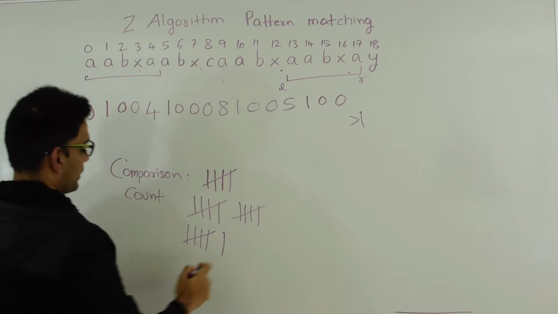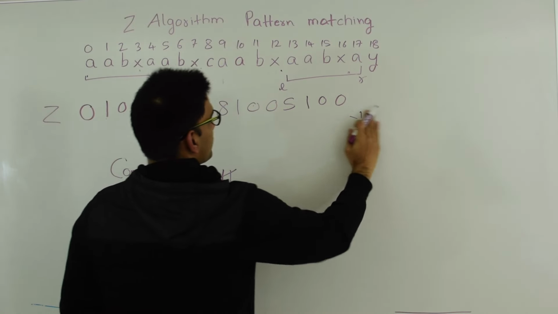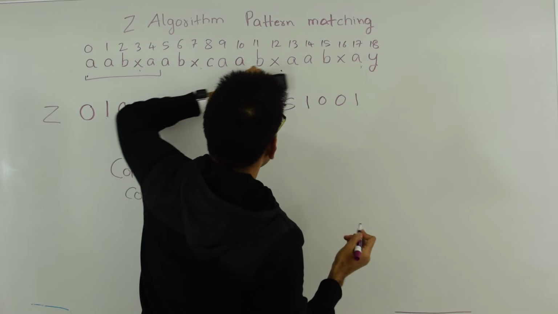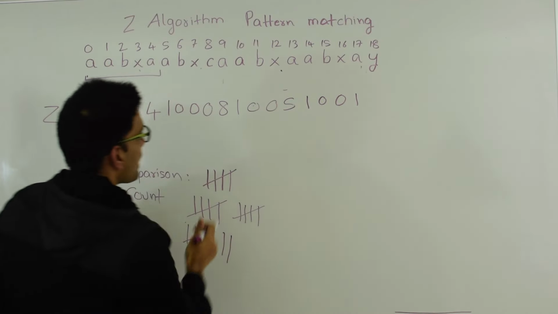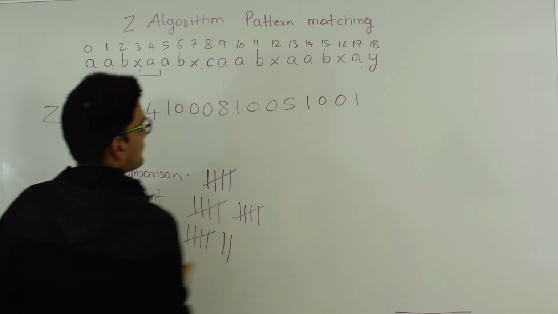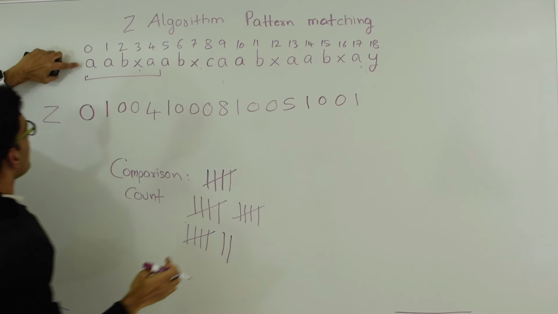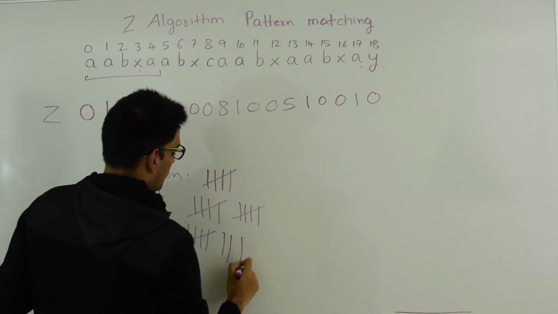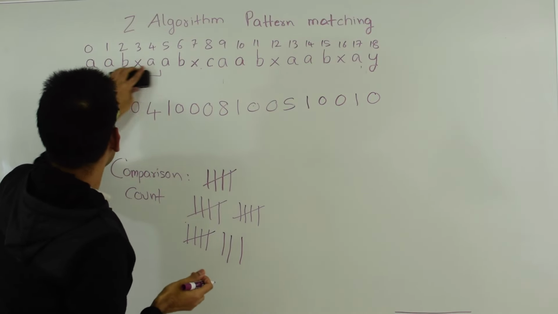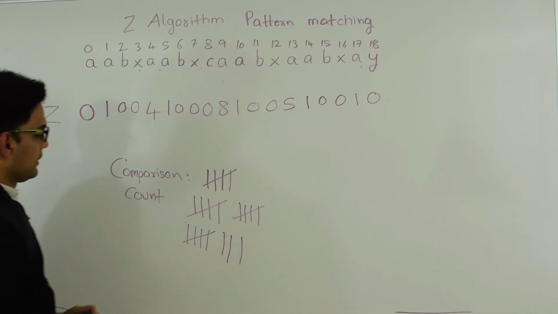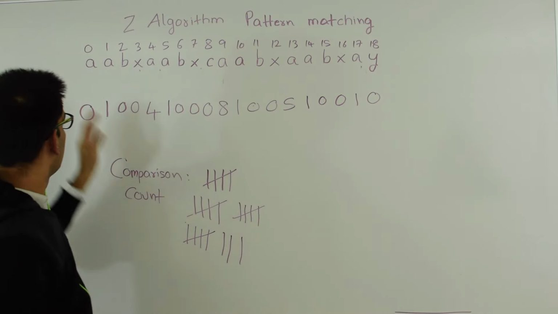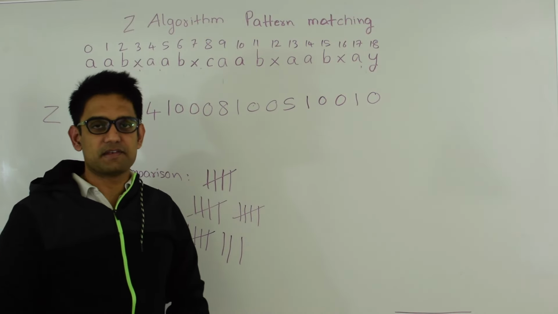So we did one more comparison, and this value finally stayed at 1. Now we move on to the last character. This Y is not same as this A, so we put a value 0, and we did one more comparison. So here, in total, I did 5, 10, 15, 20, 23 comparisons in a string of length 19.